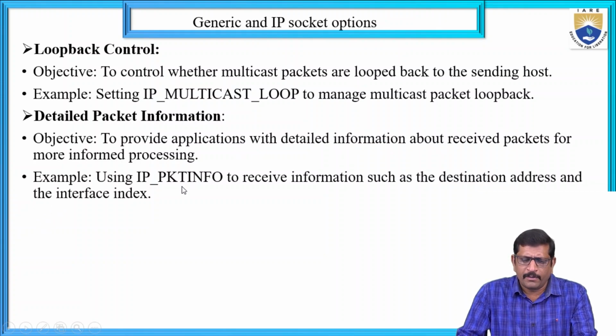For example, IP packet information, best used in mail transformation over the browser. Mail transformation is the best example of detailed packet information, that is, IP packet information, to receive information such as the destination address and interface indexes.